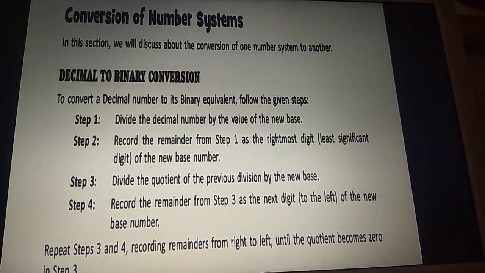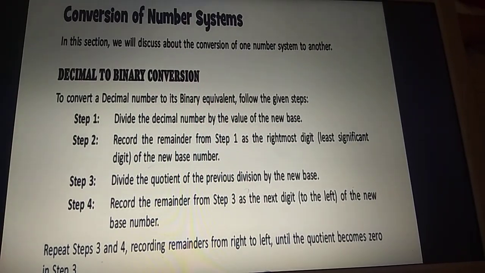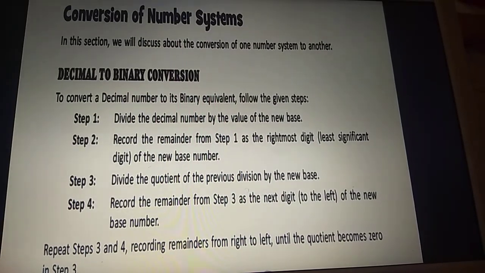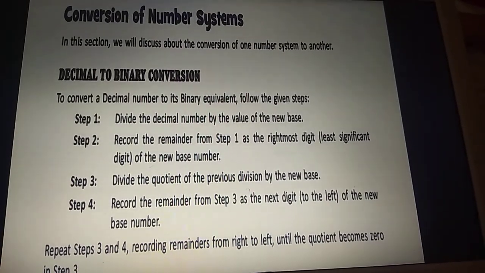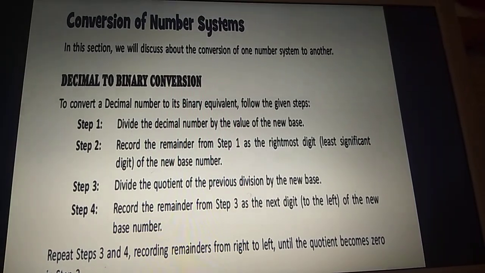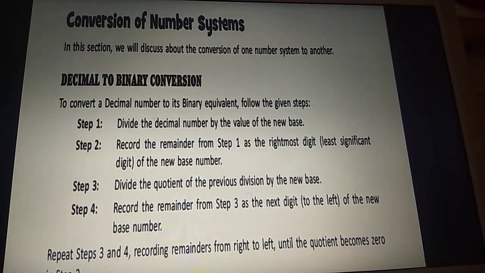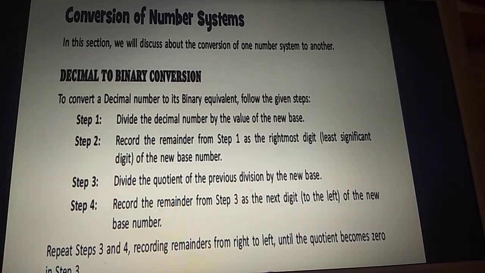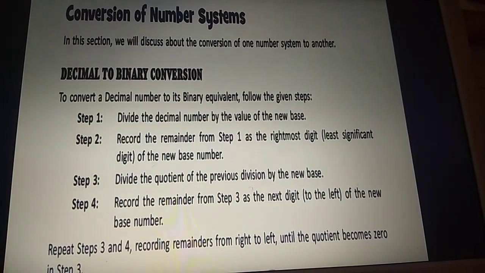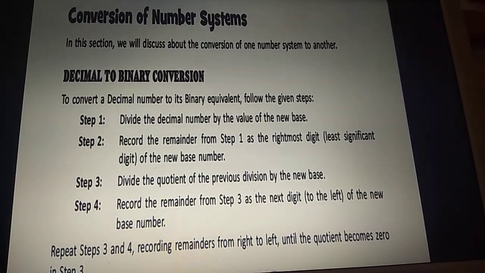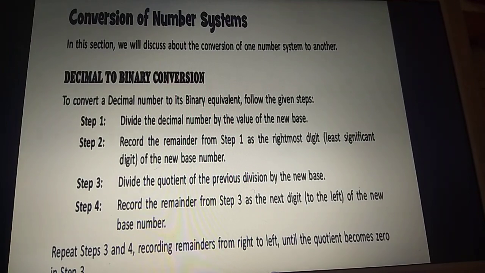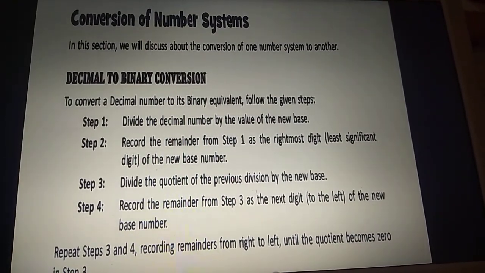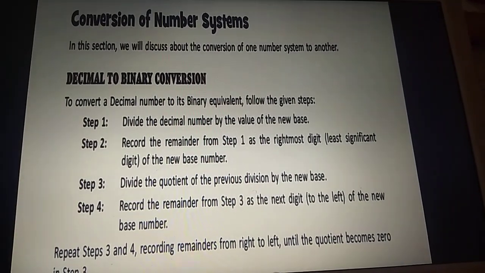First rule: if you want to convert a decimal number into a binary number, then you have to divide the decimal number by the value of that, meaning the base of the number system in which you want to convert. So in binary number system we have base 2. So we will divide the decimal number by 2 for converting it into binary.